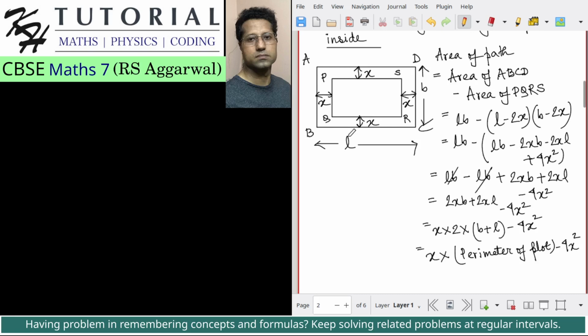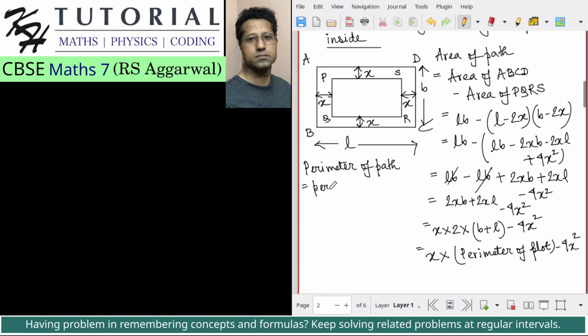Now what will be the perimeter of the path? The perimeter of the path this time will be as follows. What is the outer boundary of the path? It is the boundary of the rectangular plot, that is ABCD.